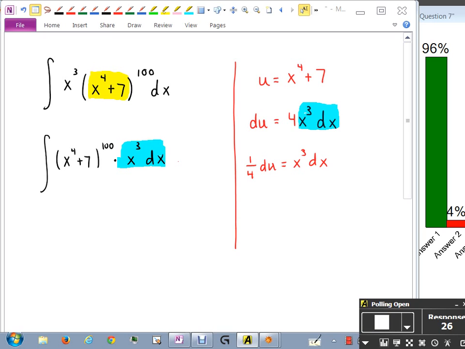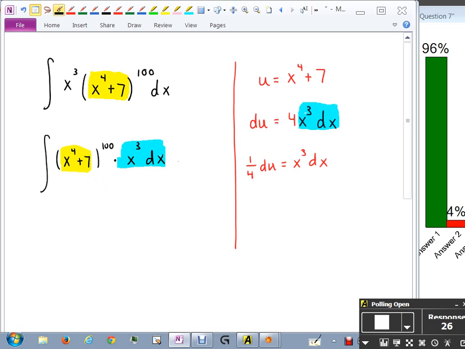All right, I'm replacing the x^4 + 7 with u. The blue part will be replaced with 1/4 du.